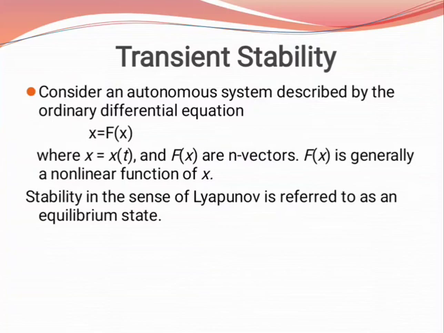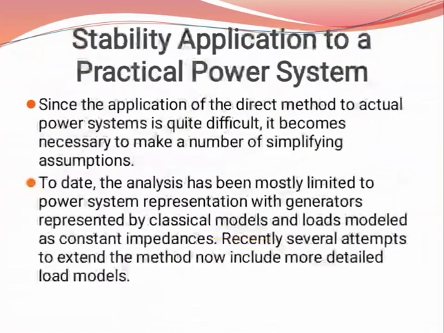The equilibrium state is defined as the state of x at which x of t remains unchanged. In this case also, transient stability can be analyzed by taking suitable equations.